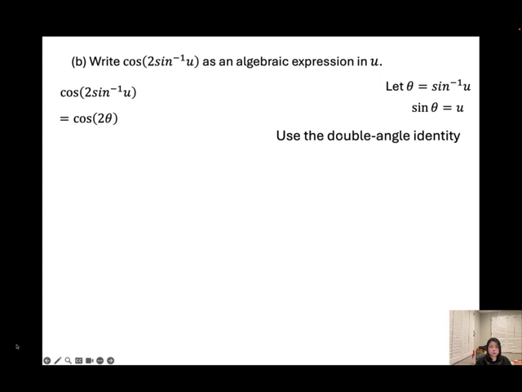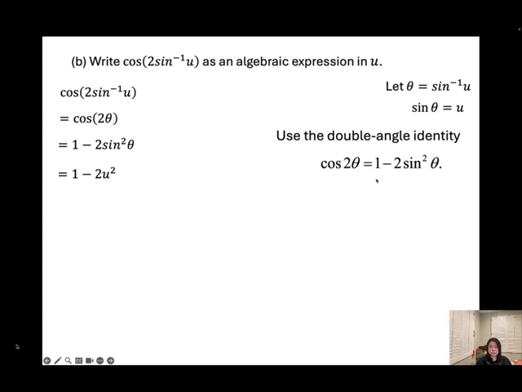Okay, I will choose cosine 2 theta equal to 1 minus 2 sine squared theta because I already know what sine theta equals, u. Okay, so plug it in. And sine theta will be equal to u. So I do have 1 minus 2u squared.